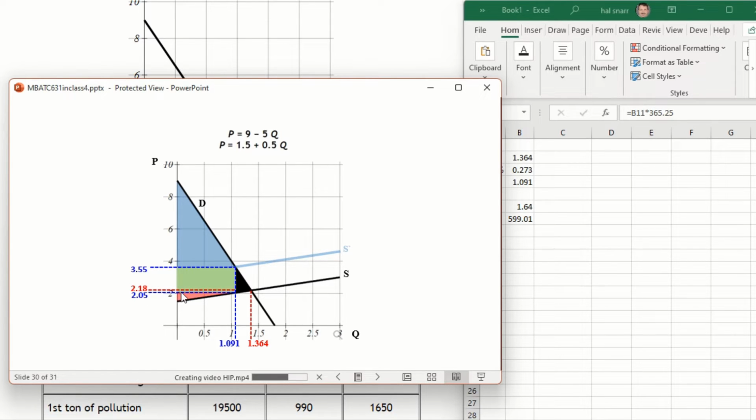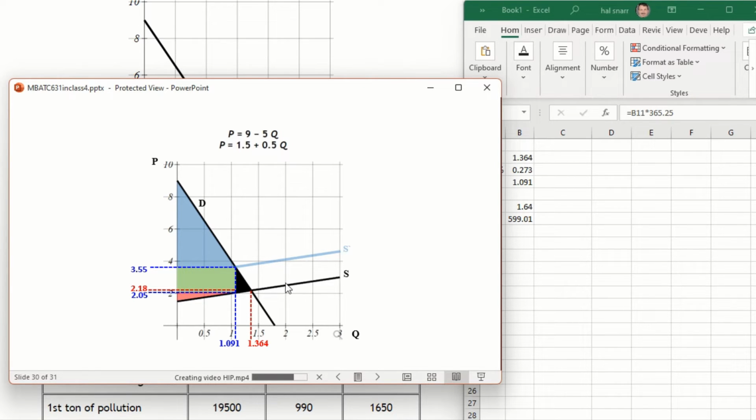And then this really slender gray rectangle between blue and red dashed lines is the firm's total tax burden, right? And it's much smaller than the consumer's tax burden, which is between this blue dashed line and this red line.